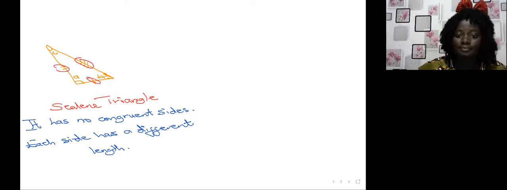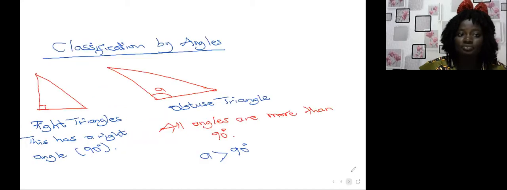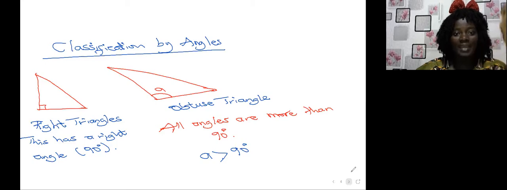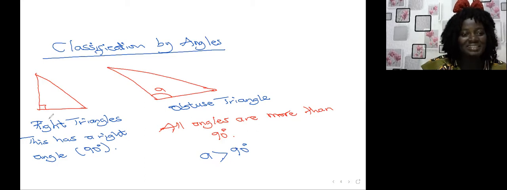Let's continue. Then also we have classification by angles. The first we are going to look at is the right triangle. A right triangle has a right angle, that is 90 degrees.